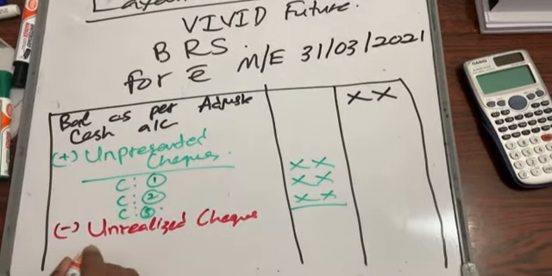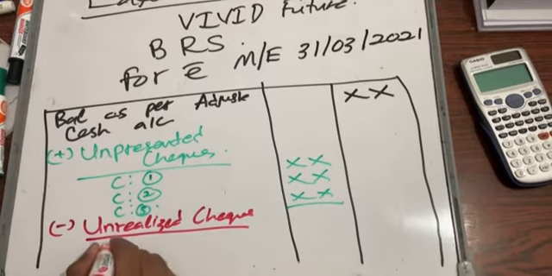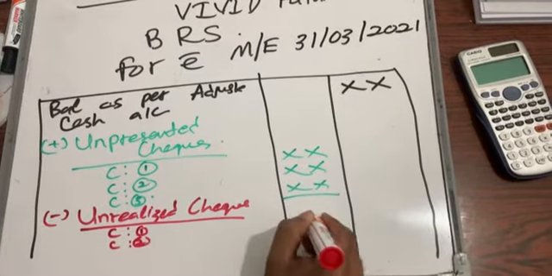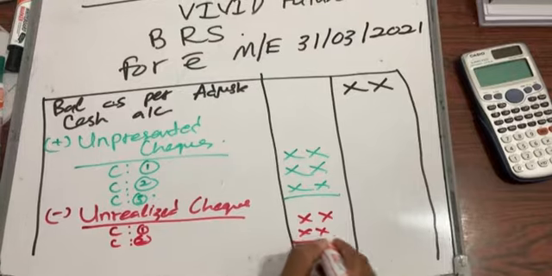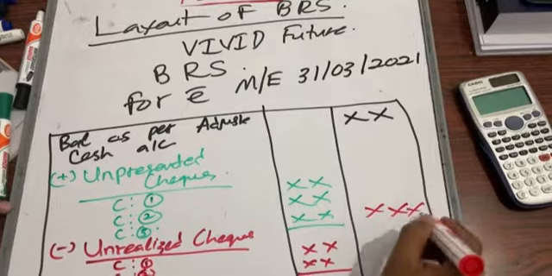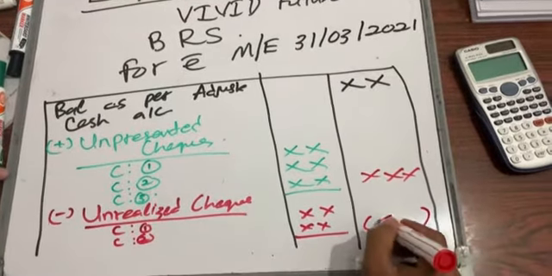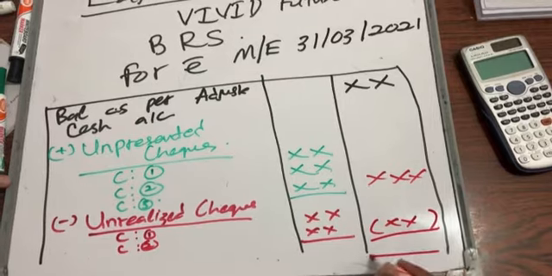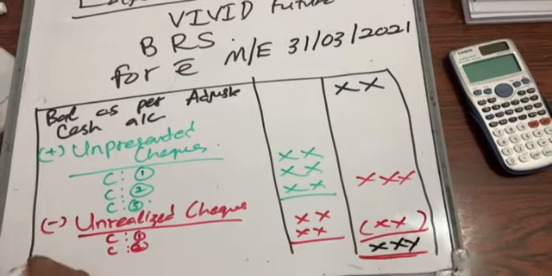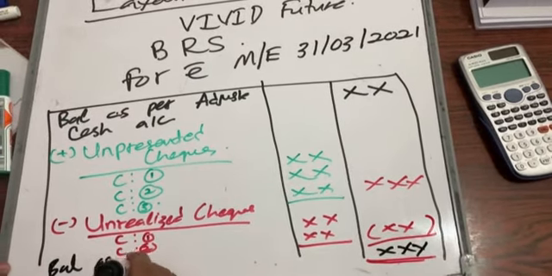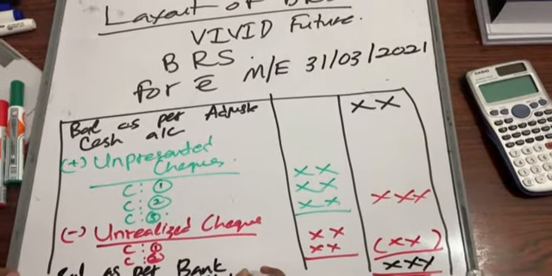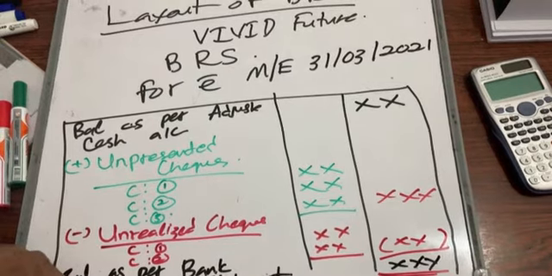There also you may have check 1, check 2. Then you will arrive at the balance as per bank statement.